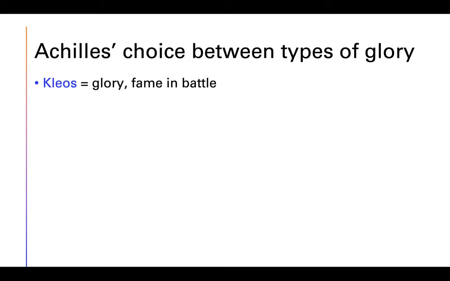So one type of glory is called the Greek word kleos, and this translates to something like glory or fame in battle. These epic heroes and in war, the kind of glory that you can amass if you're a great soldier, you're good at killing people, you're good at taking treasures and conquering people. So then you might have kleos.